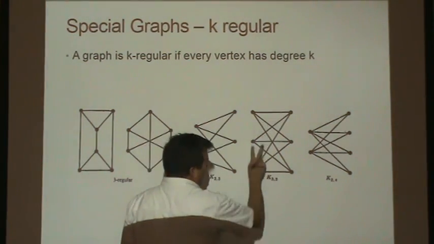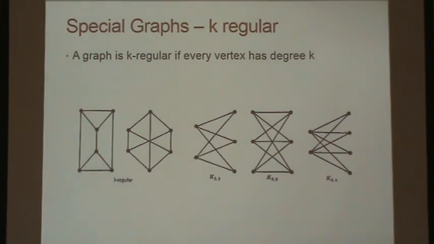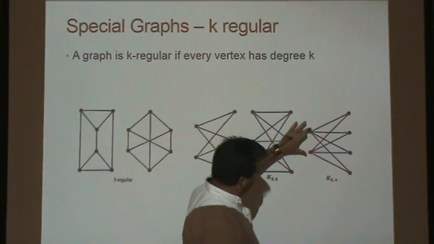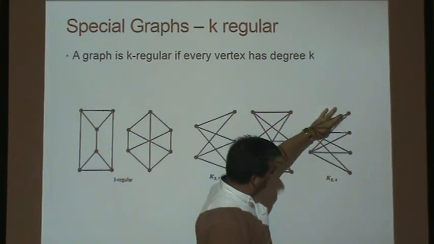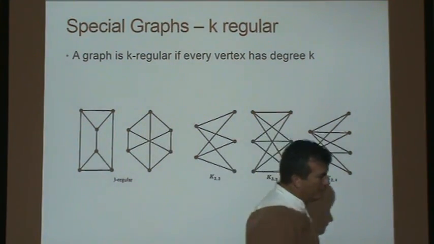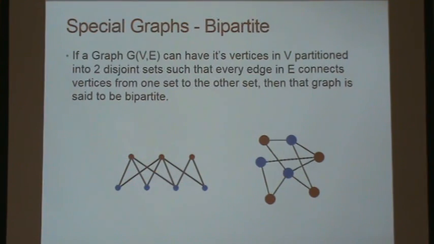Same here. So we're creating a partition in the graph. And then here we have two parts that are degree 4 and 4 vertices that are degree 2. So that would be a K2,4 graph.